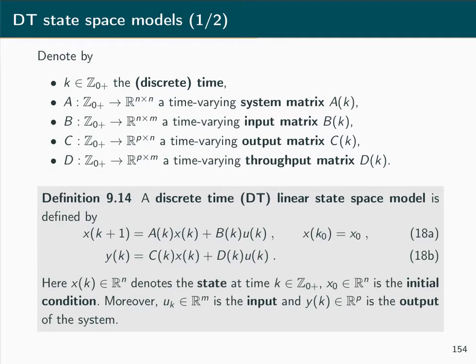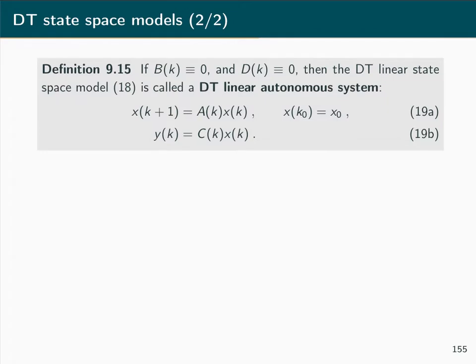Again, if there is no external control input to influence the system, so the input matrix B of k and the throughput matrix D of k are both 0, then we speak of an autonomous system. So clearly, in this case, the discrete time linear state space model is called a discrete time linear autonomous system, and it looks as shown in equation 19.